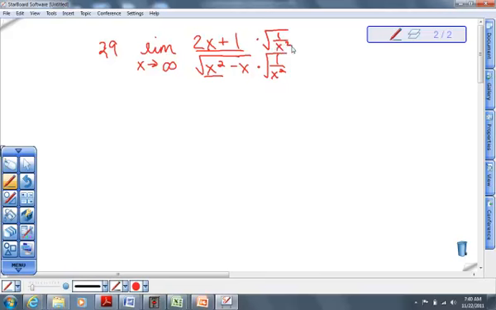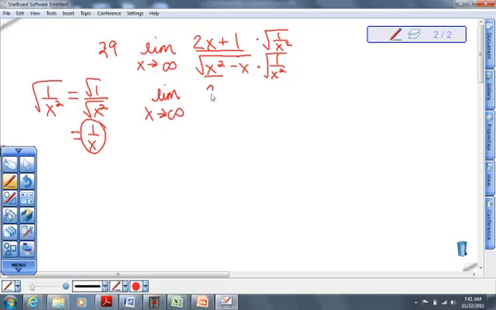Alright, and here's the thing. When I simplify the square root of 1 over x squared, what I get is the square root of 1 over the square root of x squared, so what I get is 1 over x. Thus I can look at this as the limit as x approaches infinity of, and I'm just going to divide everything on top by x.